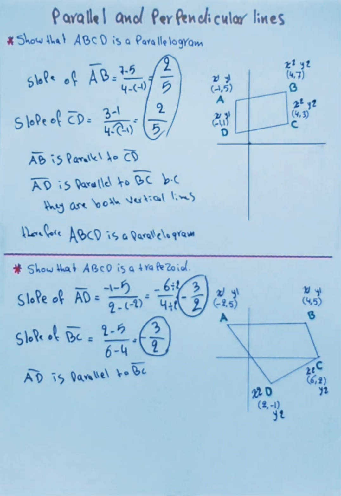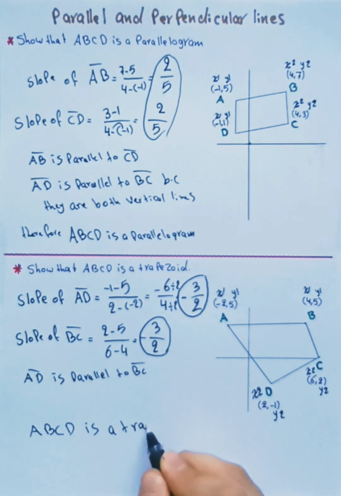And then in a trapezoid there's only one pair of opposite parallel sides, so it's enough to prove these two lines or these two sides are parallel. So we can say, because this shape is a trapezoid, ABCD is a trapezoid.